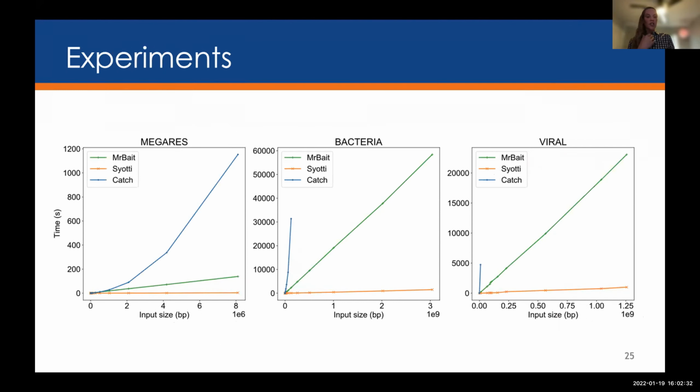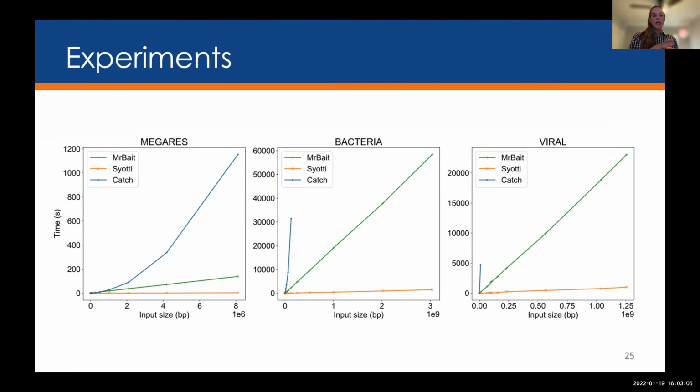Myself and my biology collaborators actually maintain MegaRes. Then we have our bacterial genomes, which I already mentioned, and then our viral genomes from the CATCH paper. We ran 3 methods: SWATI, CATCH, and another competing method, Mr. Bait, which was done prior to CATCH.